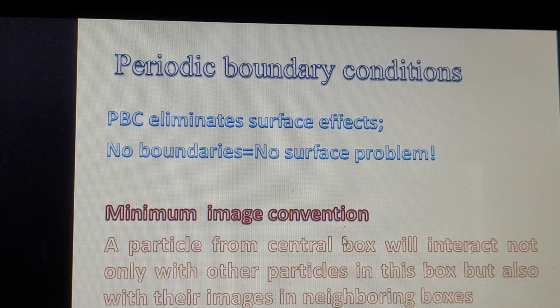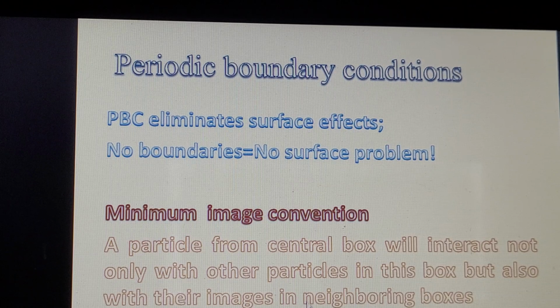Another convention that we have to use is the minimum image convention. A particle from the central box will interact not only with other particles in this box, but also with their images in neighboring boxes. But you have to consider the closest neighbor, the closest image of this neighbor.